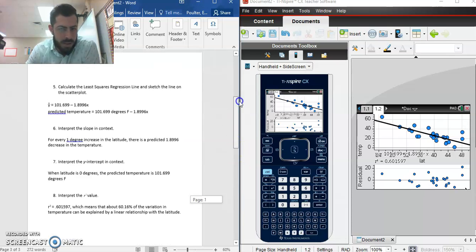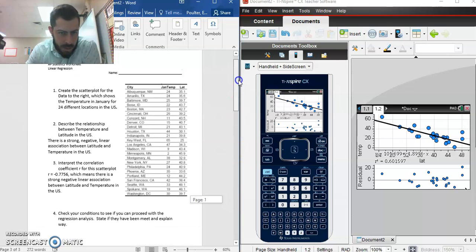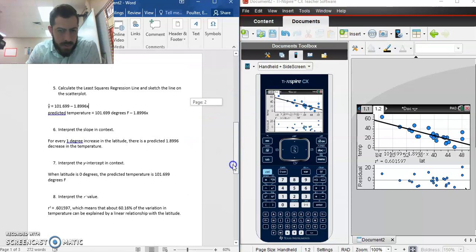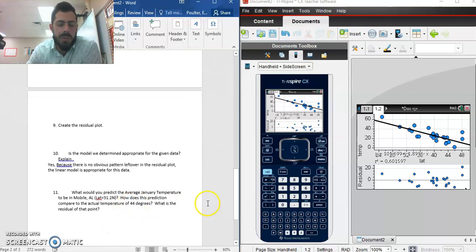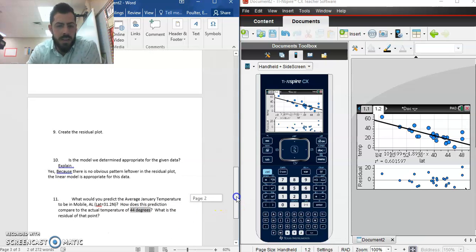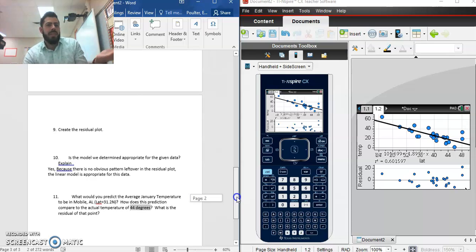Is Mobile, Alabama on the table? No, it's not even on here. Oh, sorry. Its actual temperature is 44 degrees. So all you'd have to do is take its actual 44 degrees, subtract whatever you get when you plug it in, and that's the residual. So I'm not going to bother to go through that.